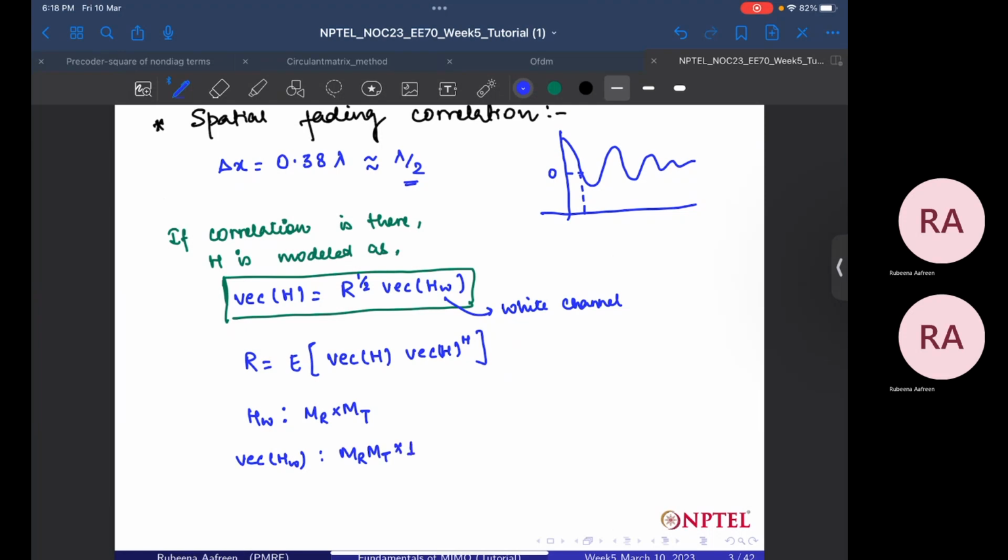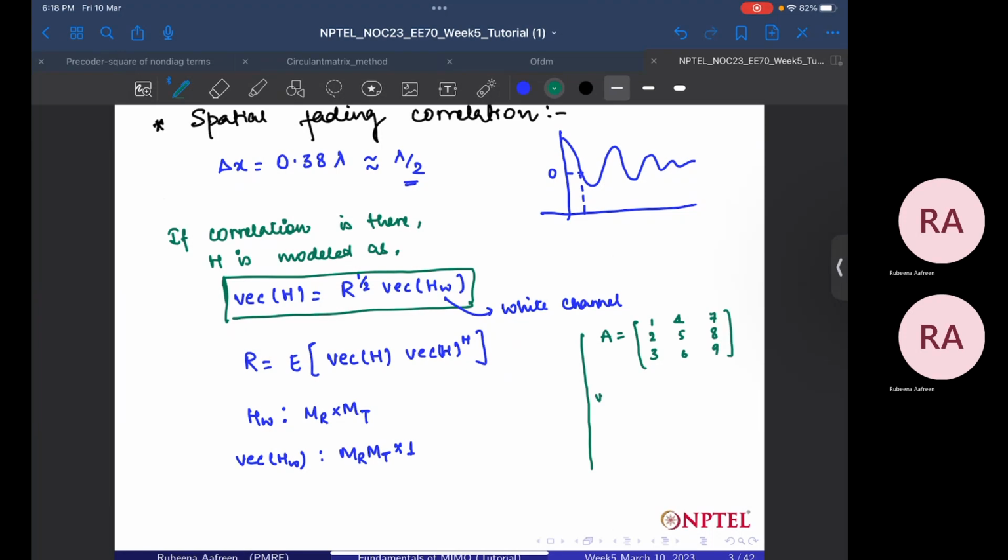We saw this in the previous week's tutorial also. We have solved some questions on this concept. So vec, what this vec does is that it just stacks all the columns on each other. Suppose we have any matrix, I'll just consider a general matrix, 1 2 3 4 5 6 7 8 9.